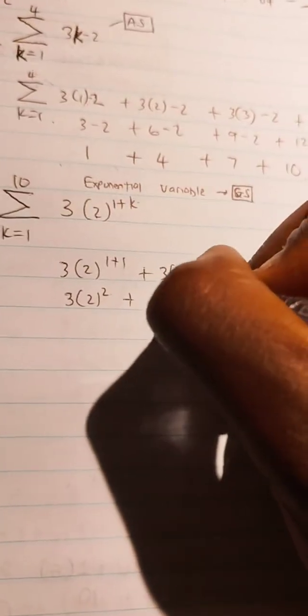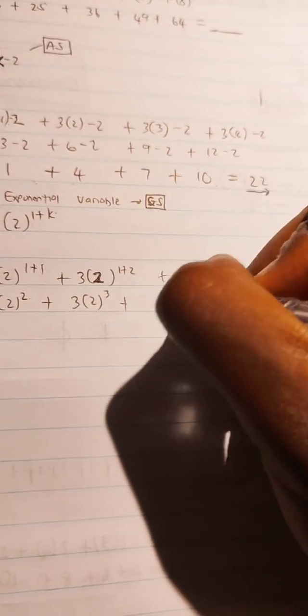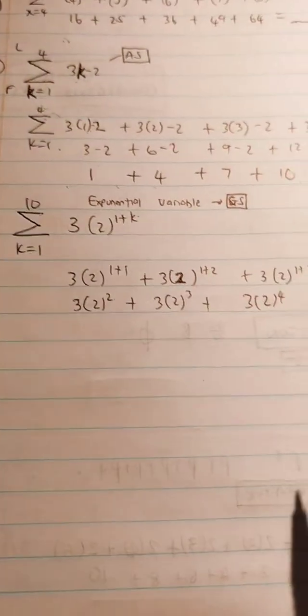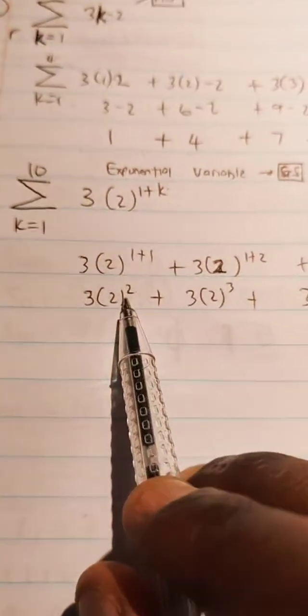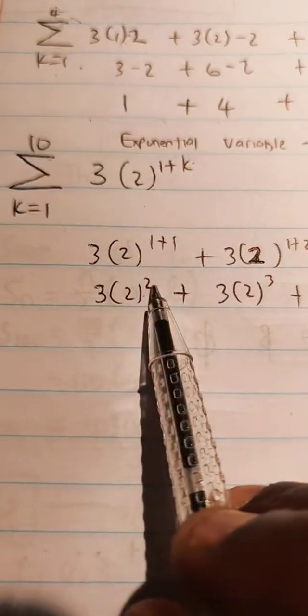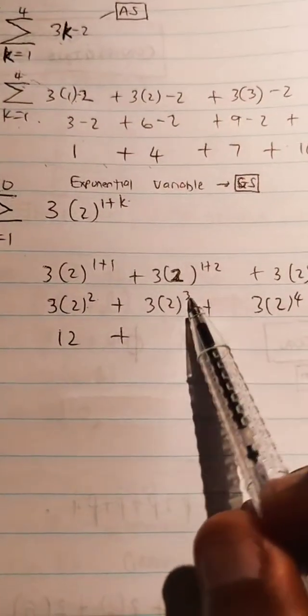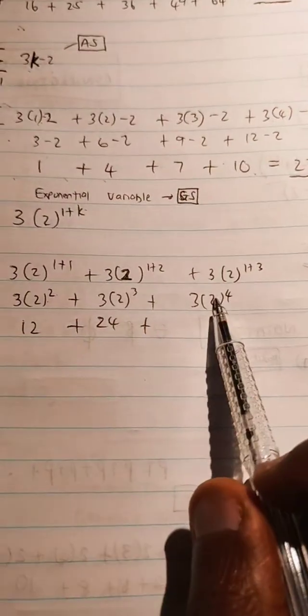So let me just show you here. We have 3 into 2 to the power 2 plus 3 into 2 to the power 3 plus 3 into 2 to the power 4. What does that mean? 2 squared is 4, times 3, that's 12. 2 to the power 3, that's 8 times 3, that's 24. 2 to the power 4, that's 16 times 3, that's 48.